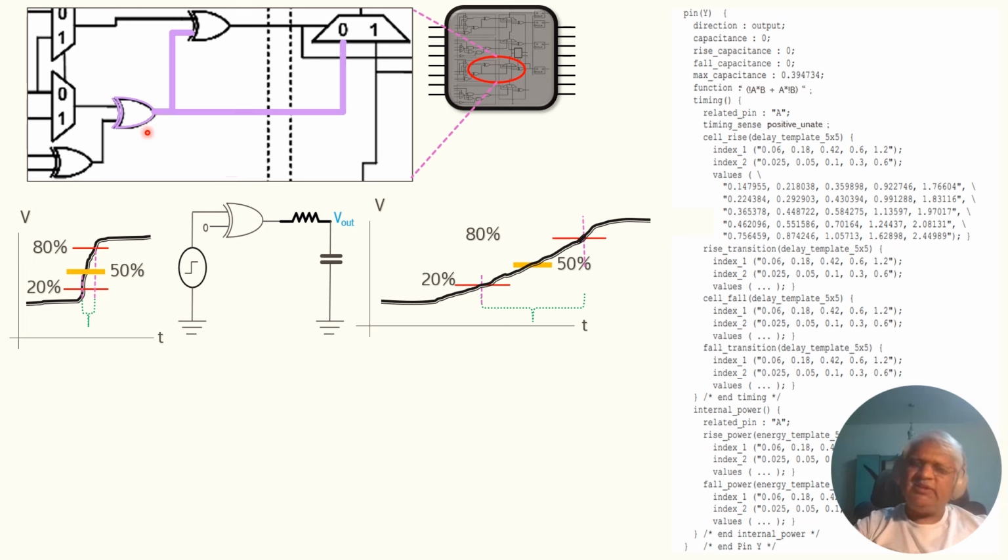Sometimes in the same technology there will be multiple channel length offerings. The design may be done with the large gate length initially, and then they can pick the small gate length cell.